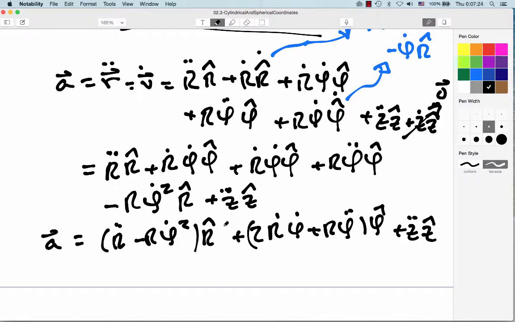So that would make our r double dot terms non-zero, and our r dot would be non-zero, and our phi dot would be non-zero, but our phi double dot would be 0, and our z double dot would be 0. And so a lot of these terms would drop out and would actually be much simpler to analyze than it looks in general.